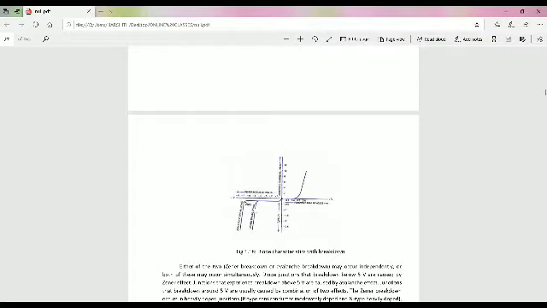Breakdown of a PN junction may occur because of one more effect called the Zener effect. When the PN junction is heavily doped, doping meaning adding extra impurities, the depletion region is automatically very narrow. So under reverse bias conditions, the electric field across the depletion layer is very intense.